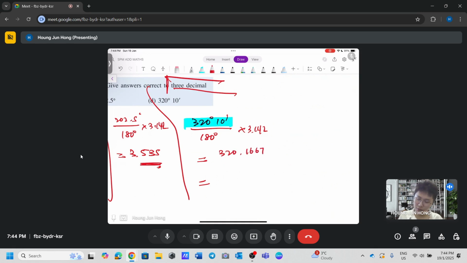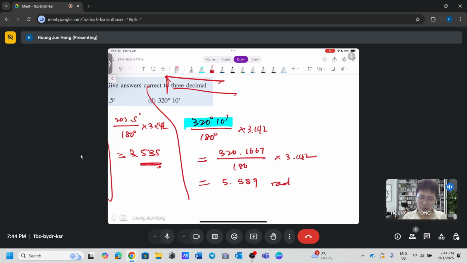You can try to convert this into degree first, and then do the calculation, which might be simpler. So we might be able to bypass the bug. 5.589. Is this the correct answer? Yeah, correct. Radian. Okay, that's it.